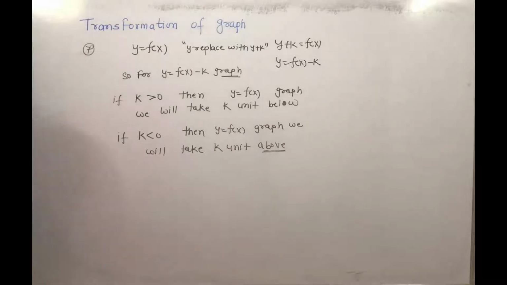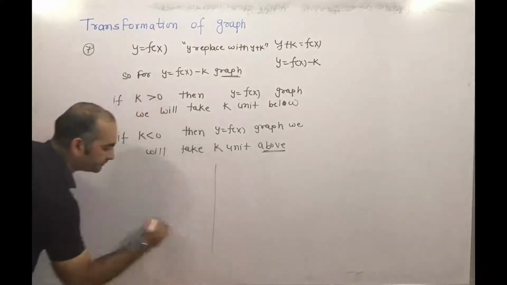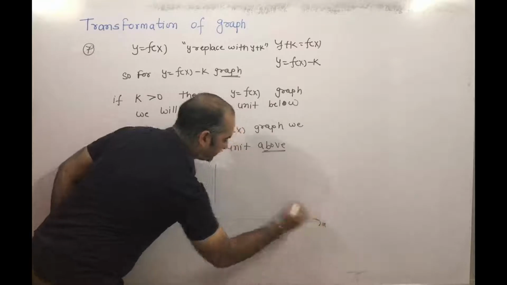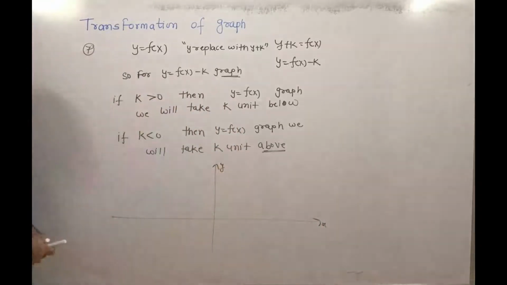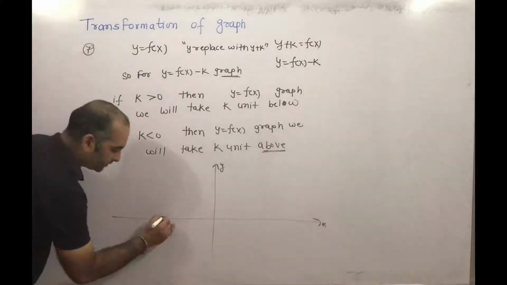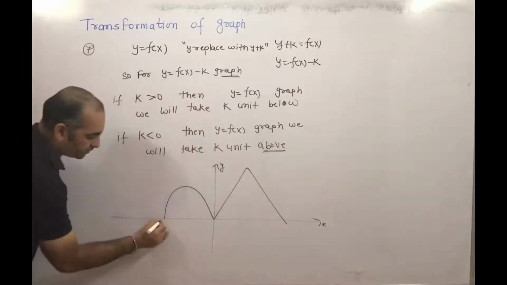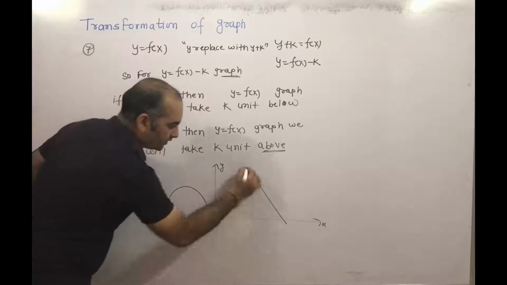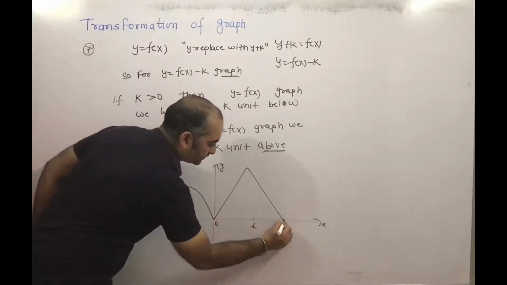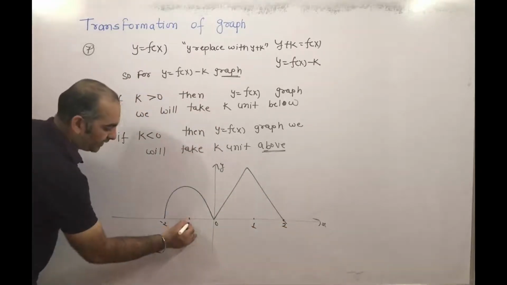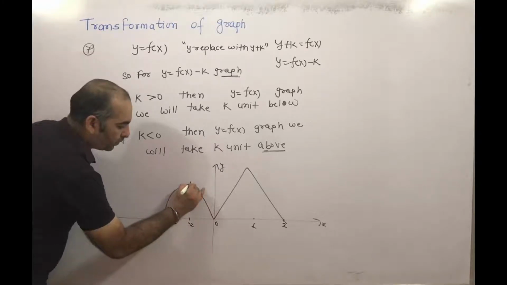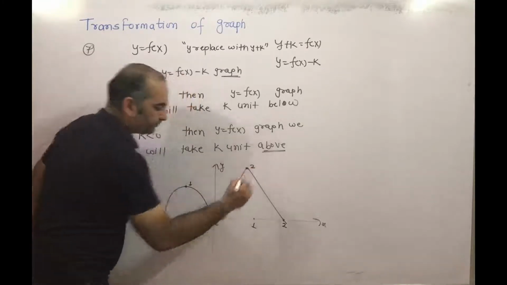For example, we are taking this example. This is x-axis, this is y-axis. So we know this graph. Suppose this is minus 2, this is 0, this is 1, and this is 2. This is minus 1. At minus 1 we are getting 1. At 1 we are getting 2.